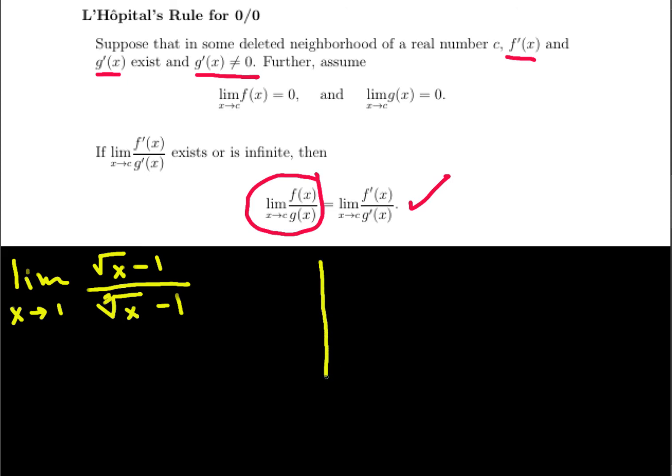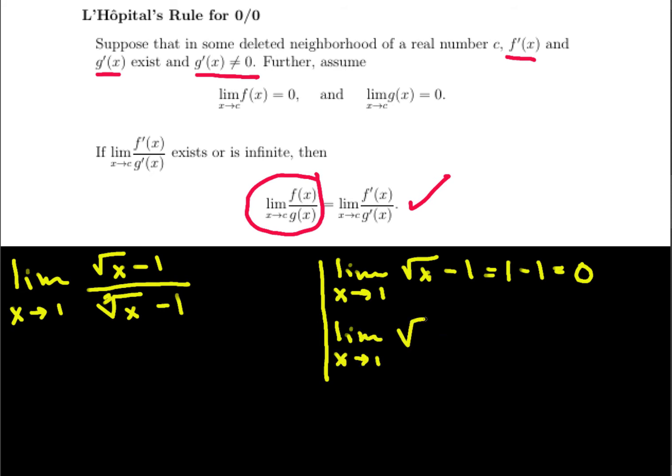If we look at the top, the limit as x approaches 1 of square root of x minus 1, this is a continuous function, and as x approaches 1, we get 1 minus 1, which is 0. Similarly, if we investigate the denominator, the limit as x approaches 1 of the cube root of x minus 1, still a continuous function, so the cube root of 1 is 1, so it's 1 minus 1, which is 0.